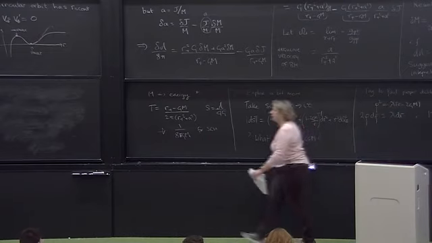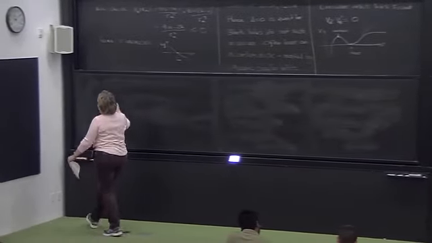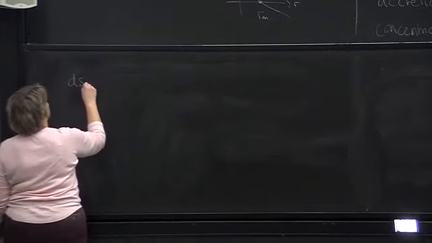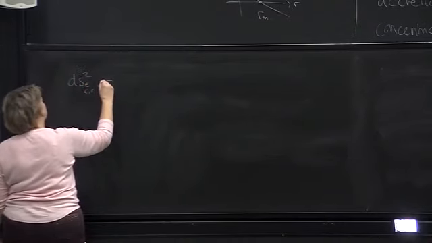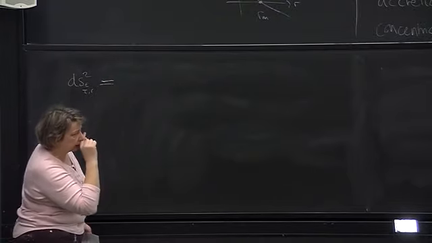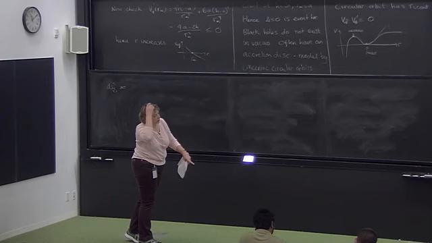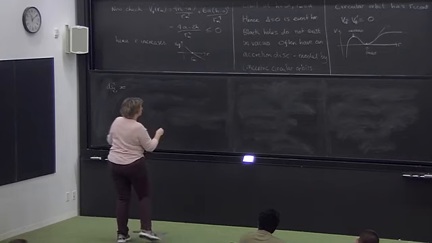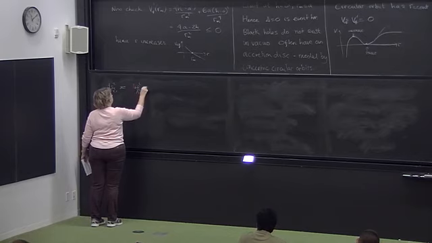So if I now ask what my Euclidean metric in the tau-r direction looks like, I've got to look at the dr squared piece. dr squared is 4 rho squared over lambda squared d rho squared.